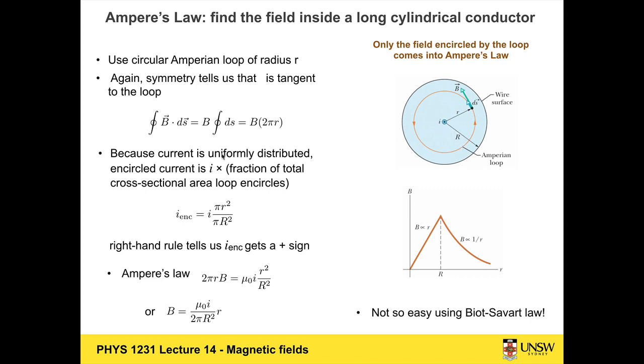And if we assume that the current is uniformly distributed, then it's very easy to calculate the enclosed current, and it's very easy then to use Ampere's law, and we could find that the field builds up linearly while we're inside the wire, and then it falls off as 1 over r outside the wire as for the long thin wire. Of course, that's not so easy using the Biot-Savart law, and it's much easier with Ampere's law.